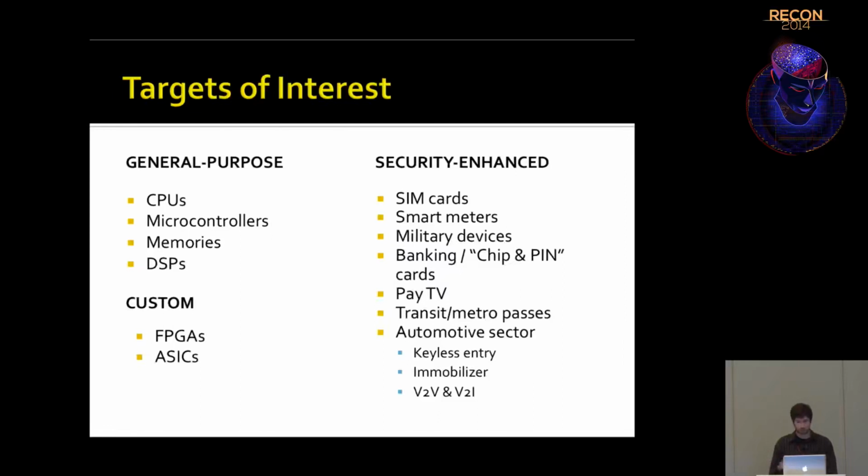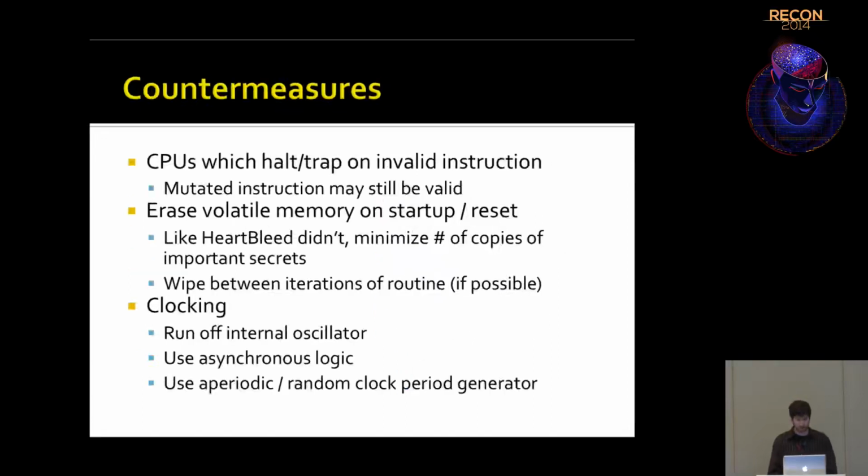So SIM cards, smart meters, military, chip and pin, pay TV, transit passes, automotive keyless entry, things like that may all be valid targets. So what are some countermeasures against glitching that could try and foil you?